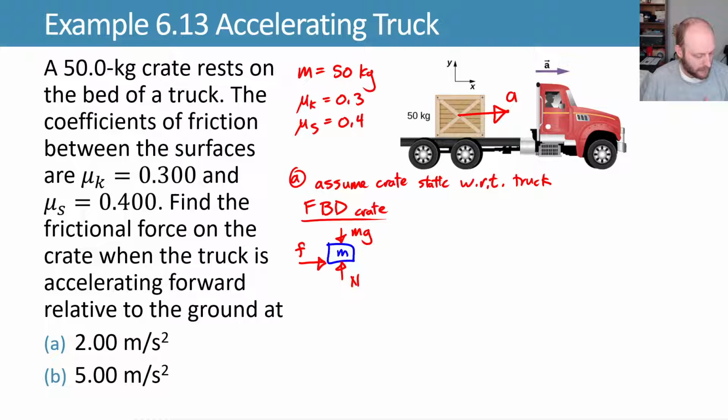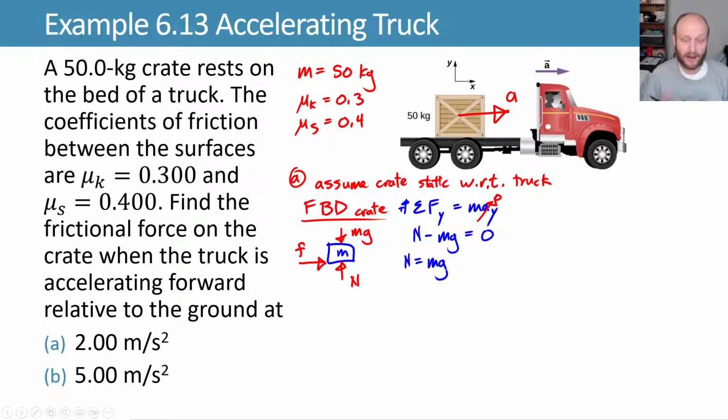We can now move on to doing Newton's laws. We'll start with the y direction. The sum of the forces in the y is equal to mass times acceleration in the y, where if this sits on the truck, it's not moving up or down, so that acceleration will be 0. And we'll call up positive. So this tells me that my normal force minus mg is equal to 0, so my normal force is equal to mg.